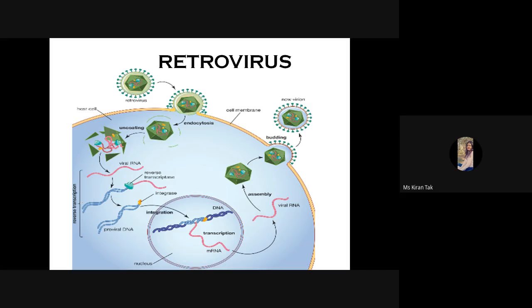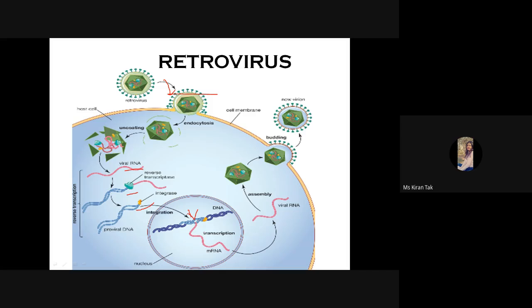What a retrovirus does is enter the cell via endocytosis, then it uncoats itself and releases its RNA. Then, with the help of reverse transcription, this viral RNA is converted into double stranded DNA, and this double stranded DNA enters our nucleus and is incorporated into our chromosomal DNA.